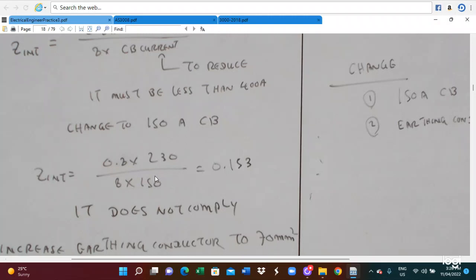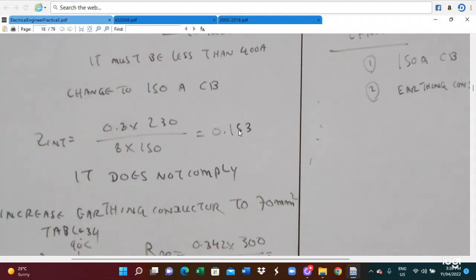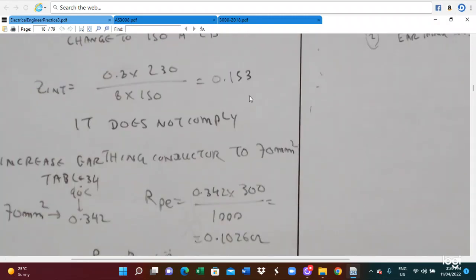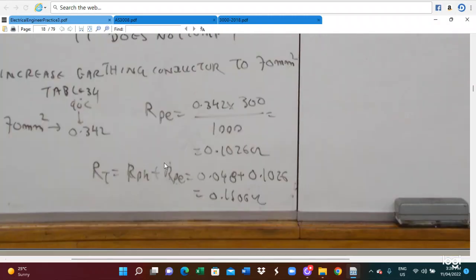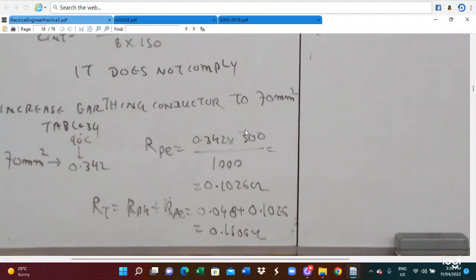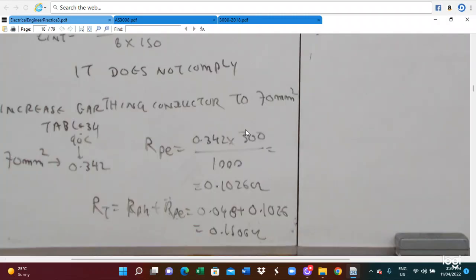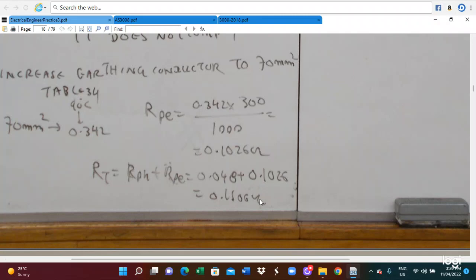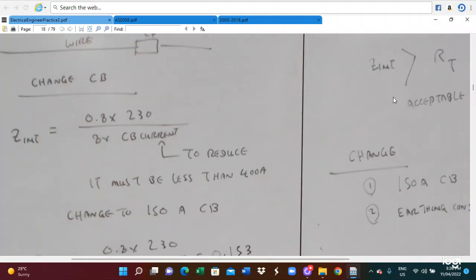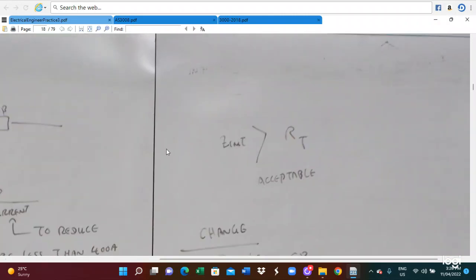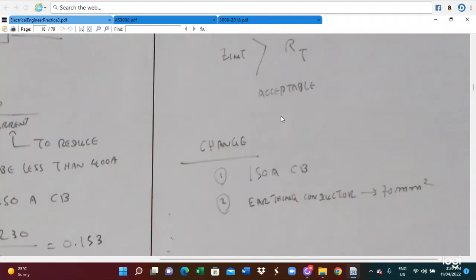So with this 150 you calculate ZINT, 0.153. ZINT 0.153 we got, and here is RPH RPE. We also increase the earth wire size. So this is 0.1106. Therefore ZINT is greater than the total R, so that will be acceptable.